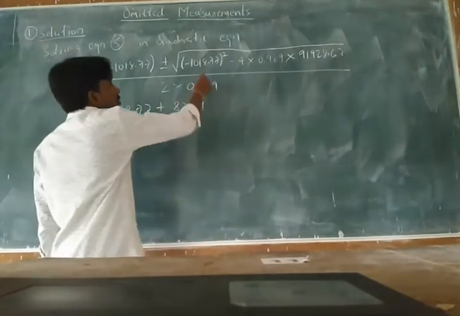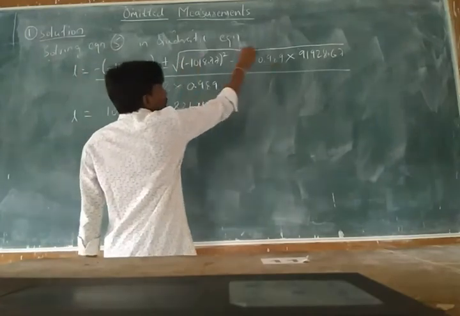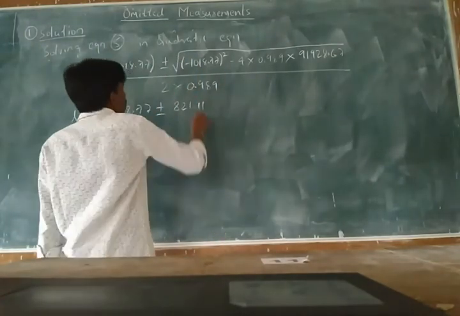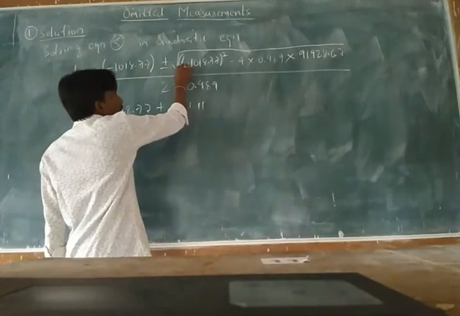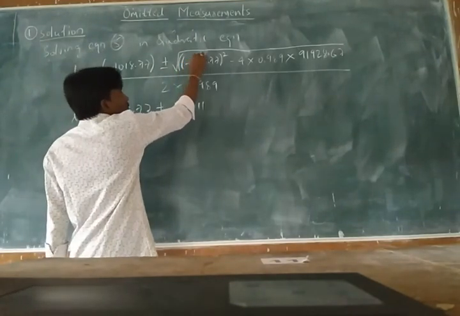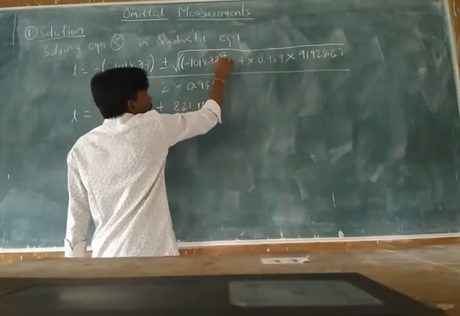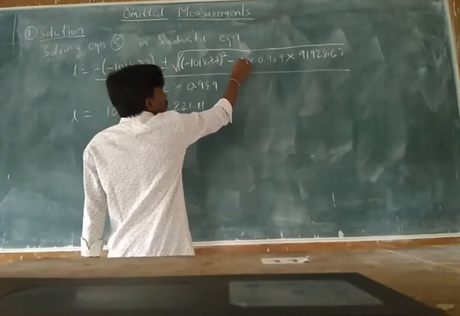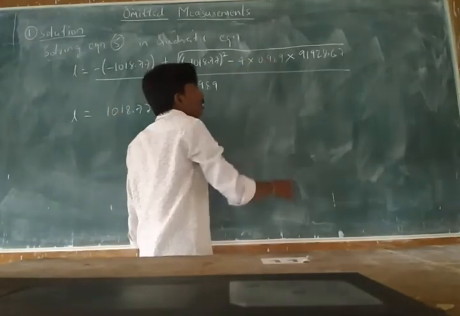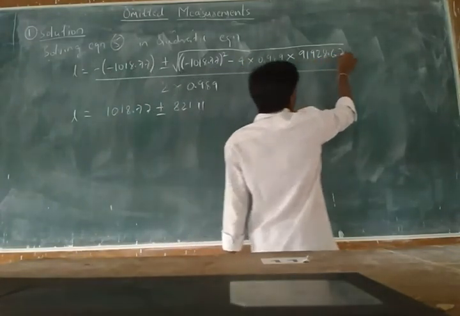For solving this, click the square root button, then open a bracket, then again open another bracket and type minus 1018.77, close one bracket, type the square button, minus 4 into 0.989 into 91928.67.